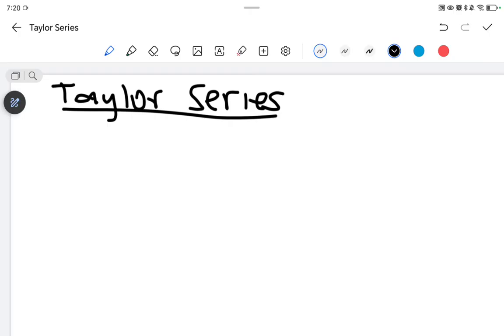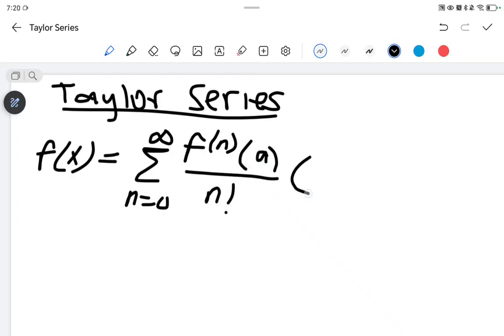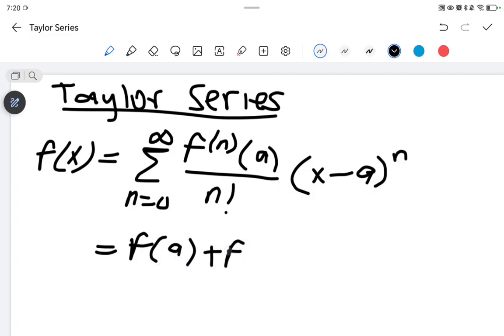On Taylor series, we can define it that if we're given f of x is equal to the summation infinity n equals to 0, we have f to the n of a all over n factorial times x minus a to the n. This will be f of a plus f prime of a x minus a.